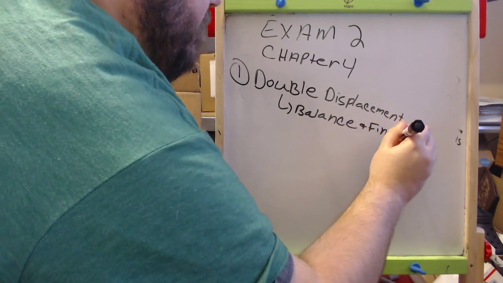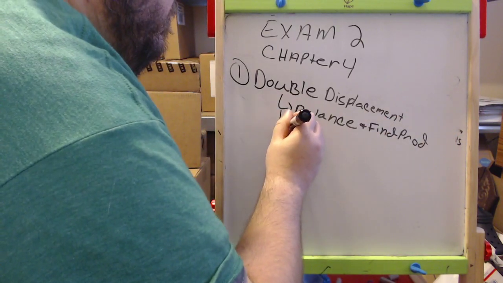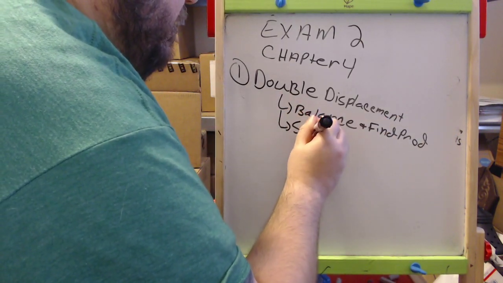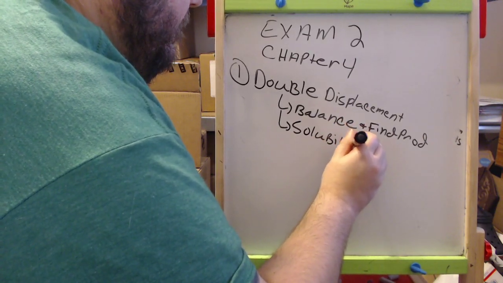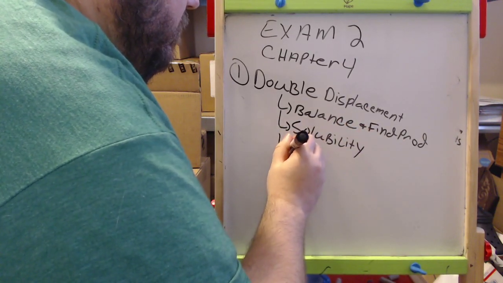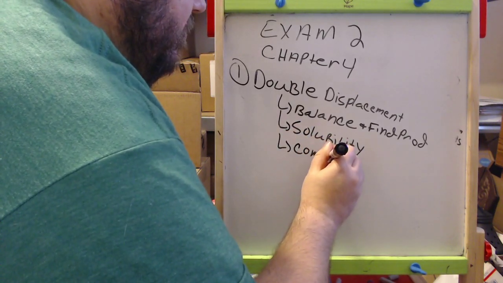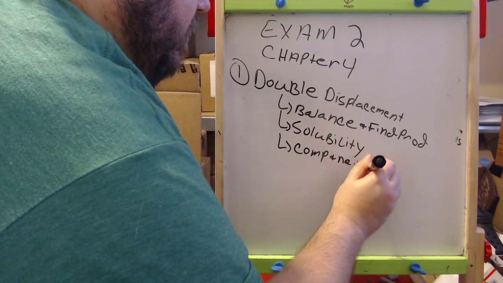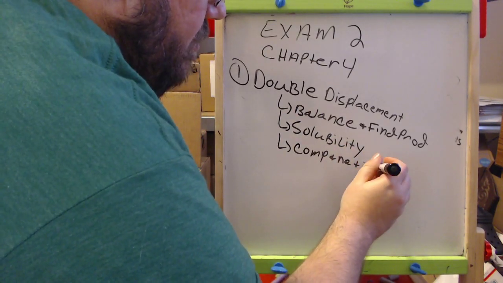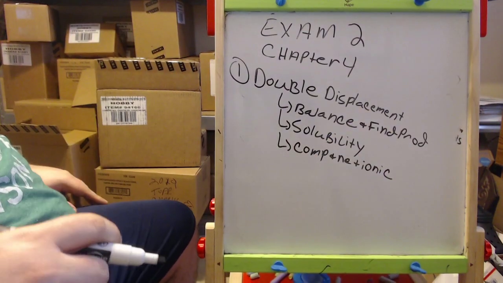Well, you'd have to find your products before balancing it, but you get it. You should know your solubility. You should be able to find complete and net ionic equations, which is the metathesis reaction that you're working on this week for lab.